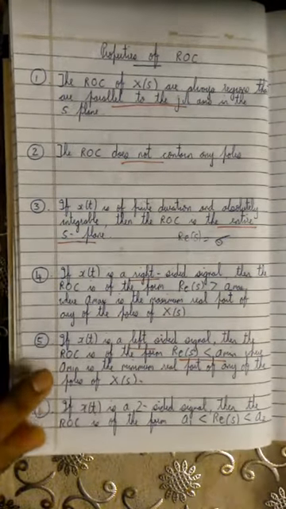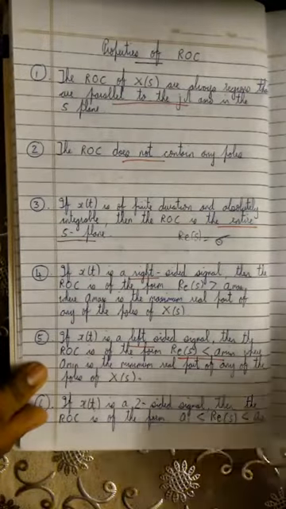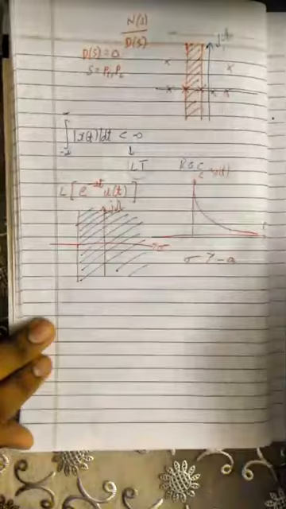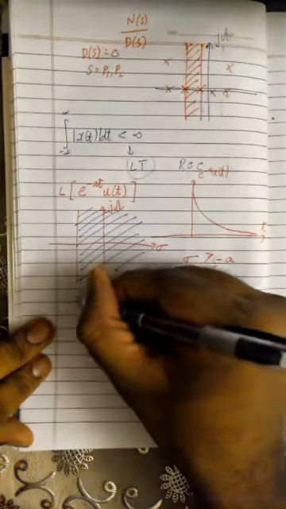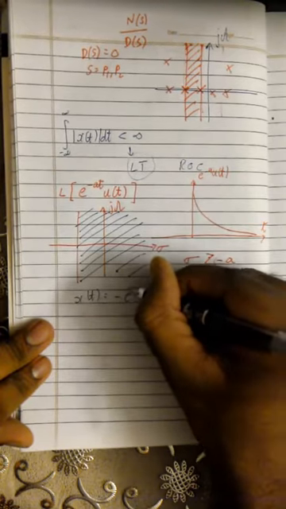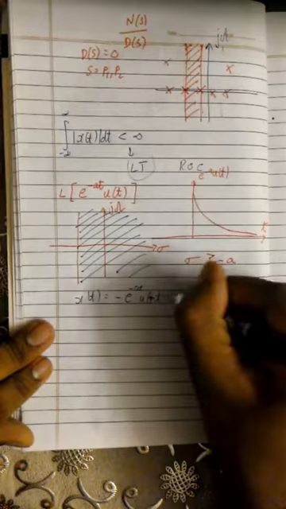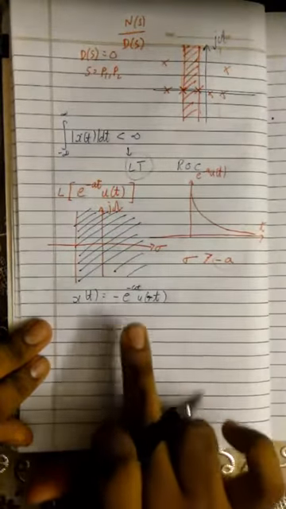The perfect example of the fifth property is your second problem, problem number 2. If you remember, there the value of x of t is given as minus e raised to minus at u of minus t. This is the second problem that you did.